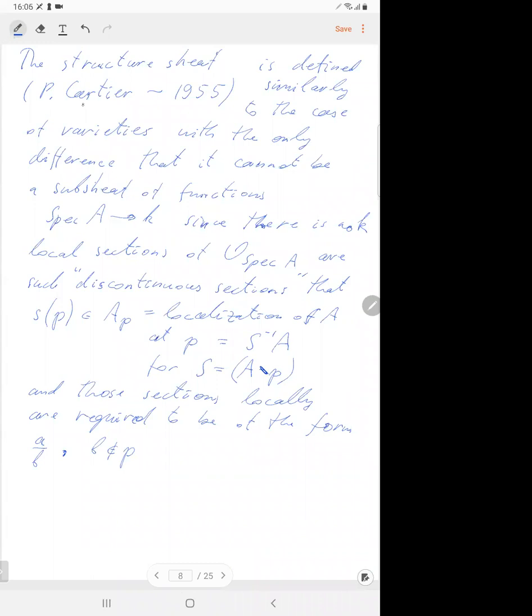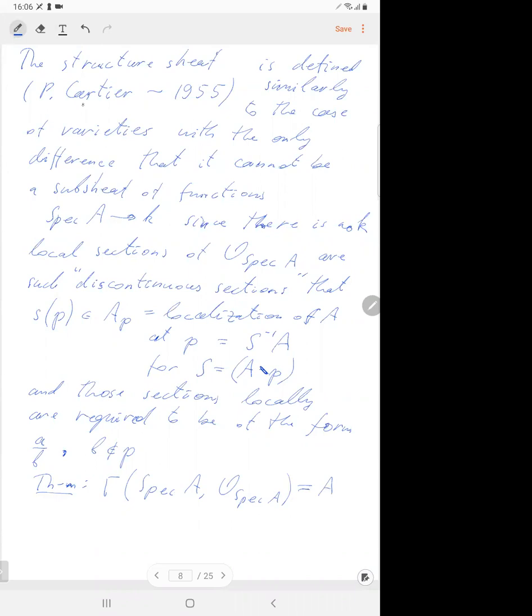Okay, and then there is an important theorem that the global sections of the structure sheaf is nothing but the ring A itself, but the proof is just the same.